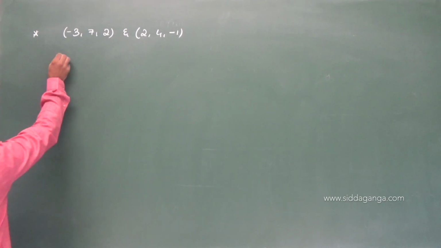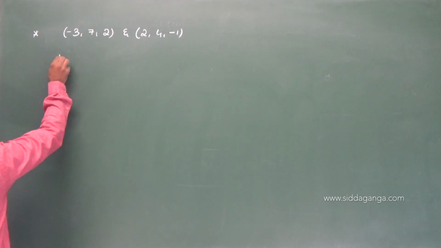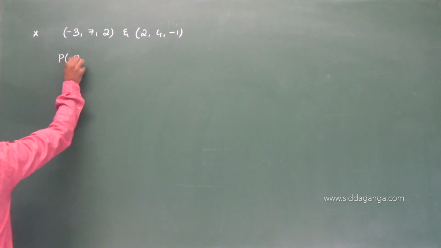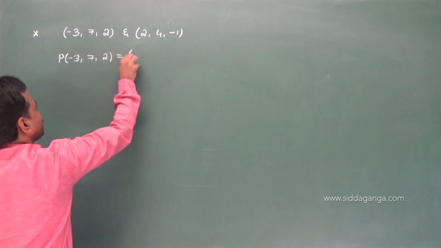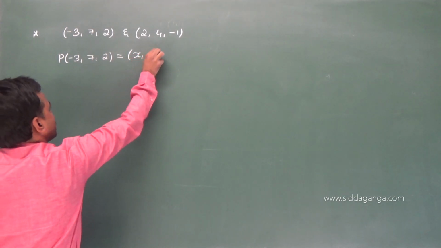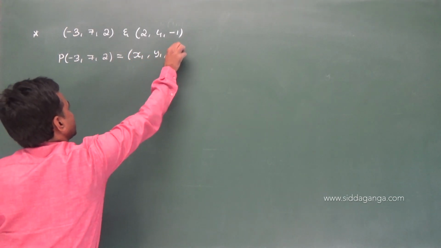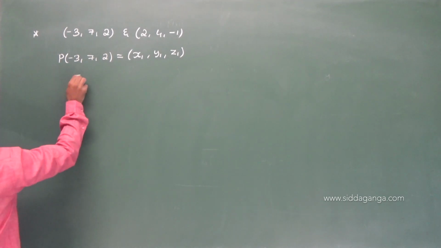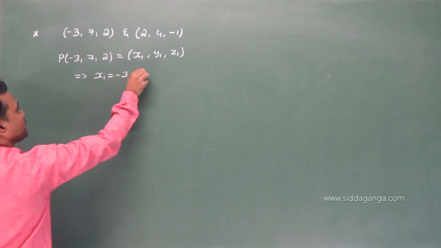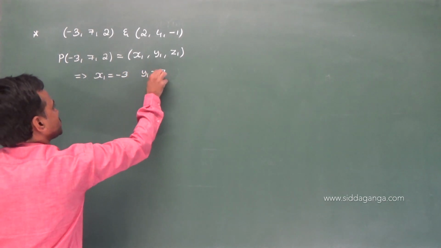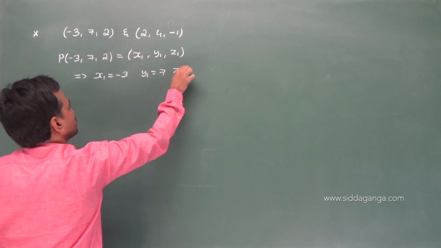The first point I treat as P, equal to x1, y1, z1. That implies x1 is minus 3, y1 is 7, z1 is 2.